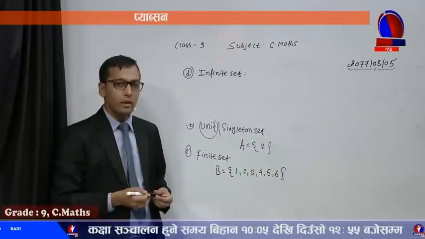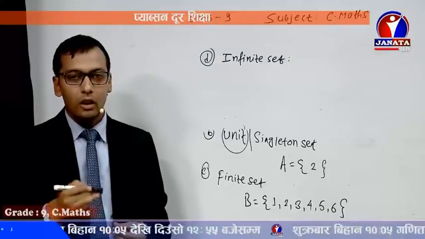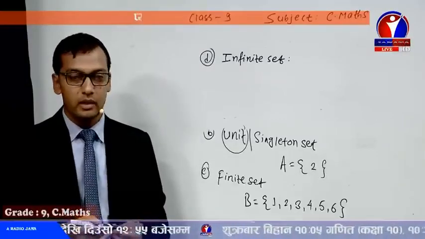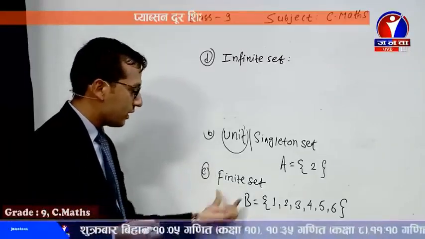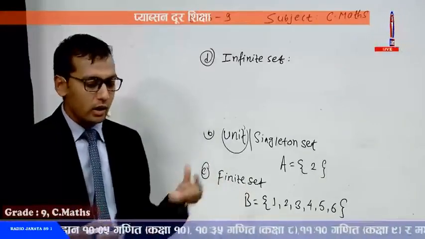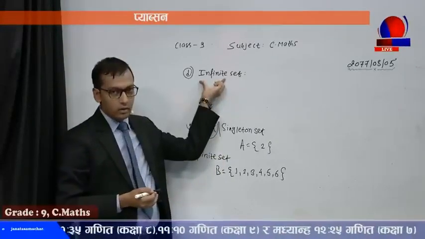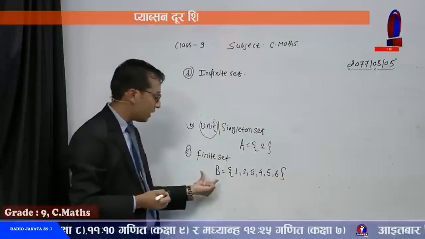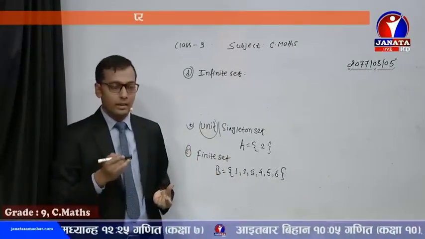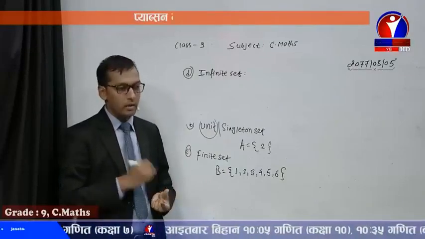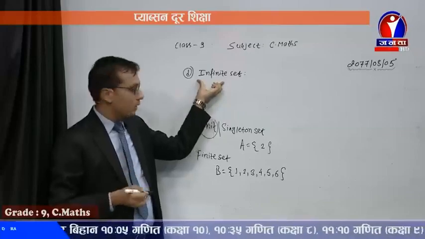What is the meaning of infinite? The meaning of infinite is there are unlimited number of elements. So it's not like finite. Now what is the main difference of finite and infinite set? The major difference is in finite set there are limited number of elements, but in infinite set there are unlimited number of elements.